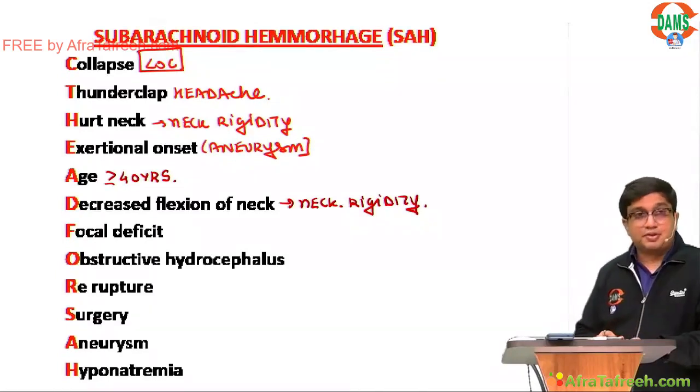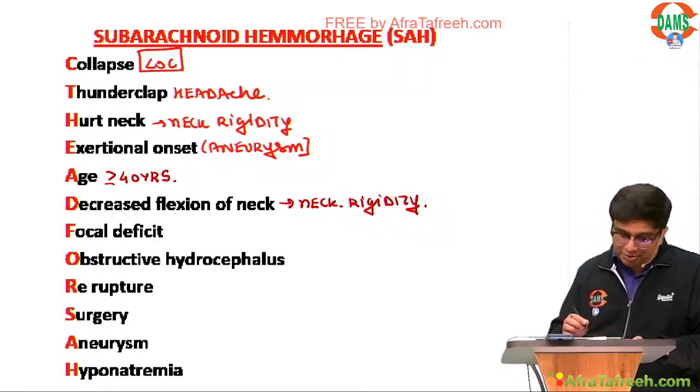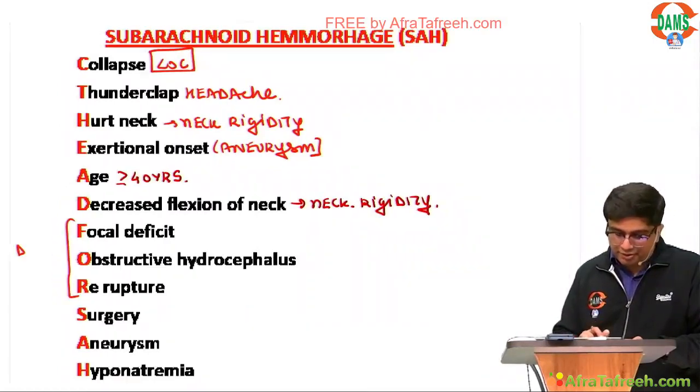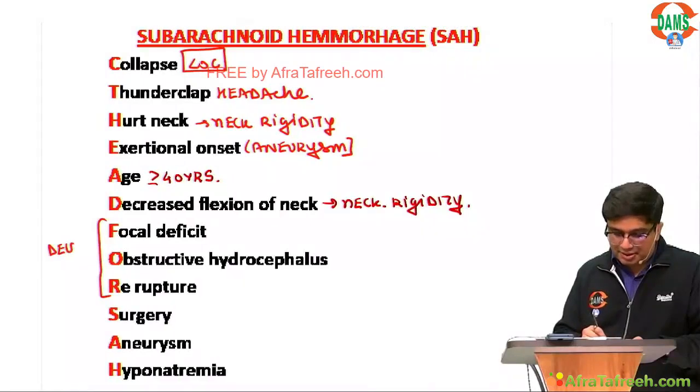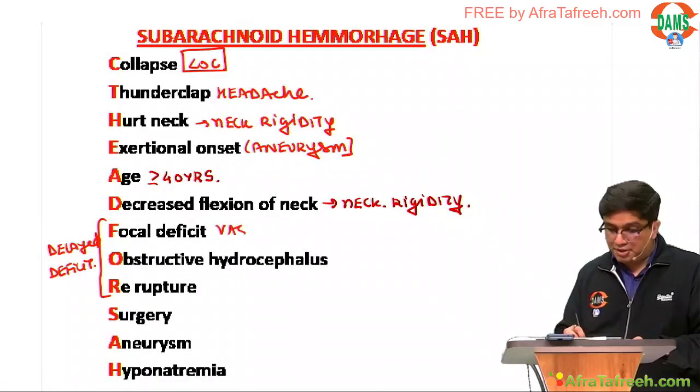Focal deficit, obstructive hydrocephalus, and re-rupture are the three problems which can happen in them later on. They're often referred by another name as the delayed deficit. The focal deficit, in a sense of hemiparesis or any problem, happens in them due to vasospasm.